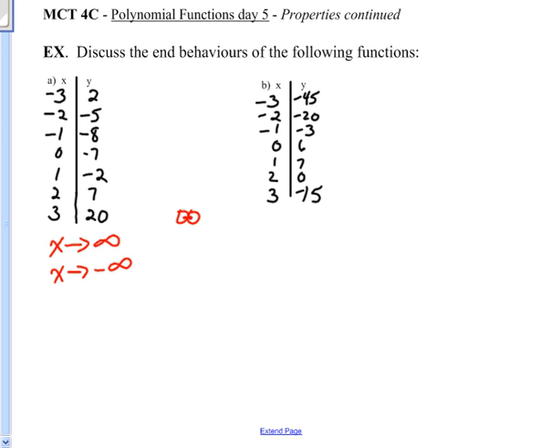So not terribly mathematical. But as x gets larger, it kind of looks like y is getting larger. We look as x approaches the negative side of things, and it kind of looks like y is getting bigger again.